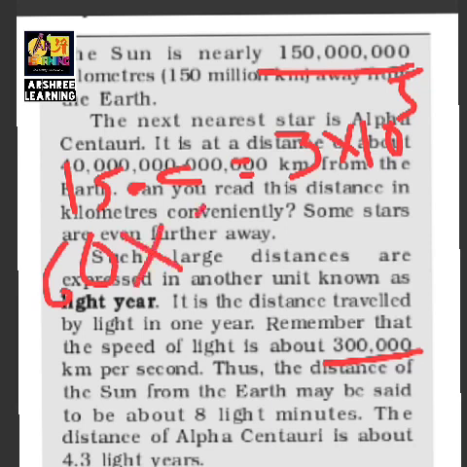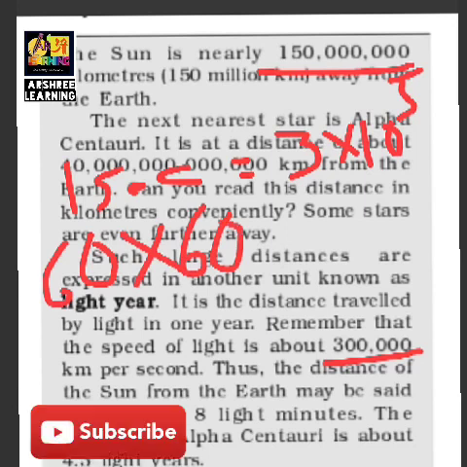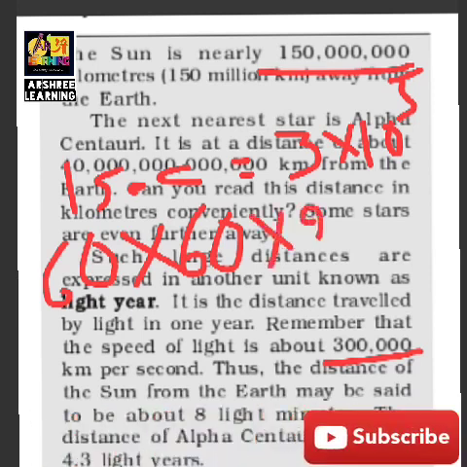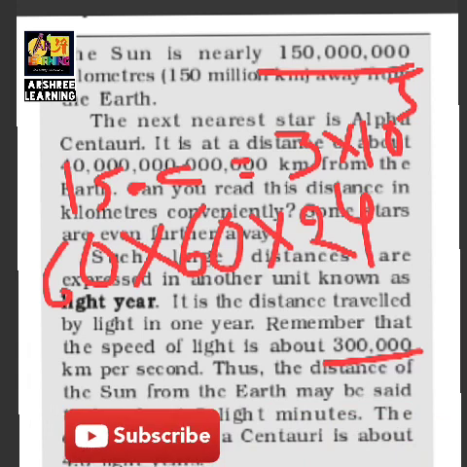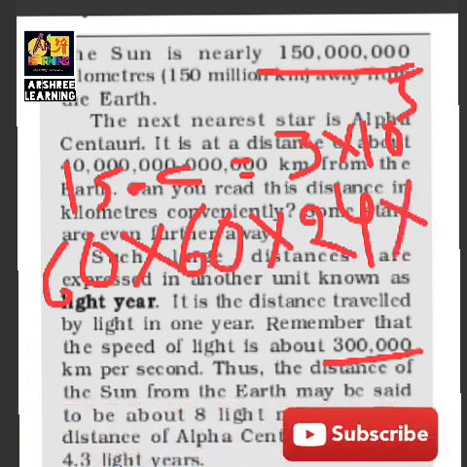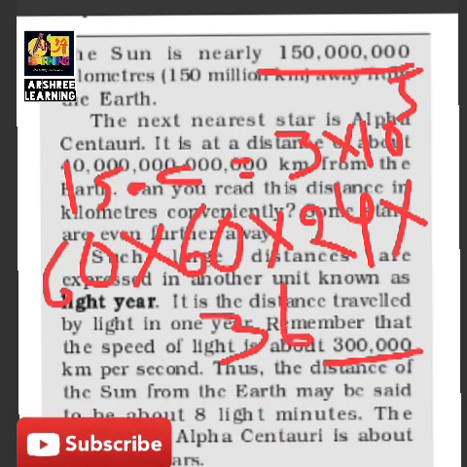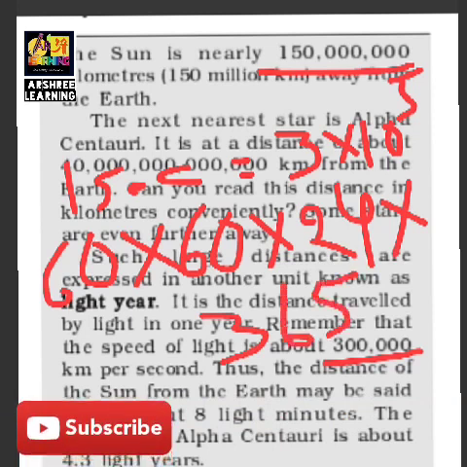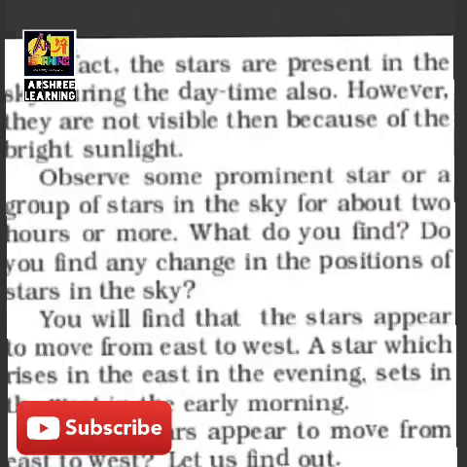Then to make it into an hour, multiply again by 60, then multiply by 24 to convert it into 1 day, then multiply it by 365. This number will give you the distance traveled by light in 1 year.